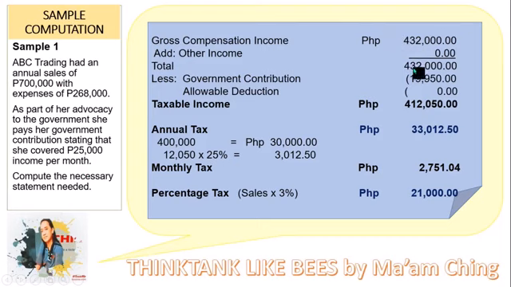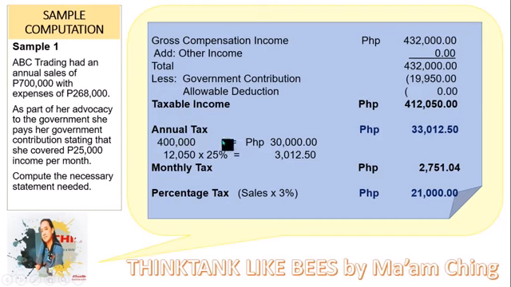So 432,000 plus 0 is equal to 432,000, less the government contribution of 19,950, the one that we gathered a while ago for the SSS, PhilHealth, and Pag-Ibig. And then the allowable deduction is 0 since other income is 0. So we have now the taxable income of 432,000 minus 19,950, so we have 412,050 for our taxable income.